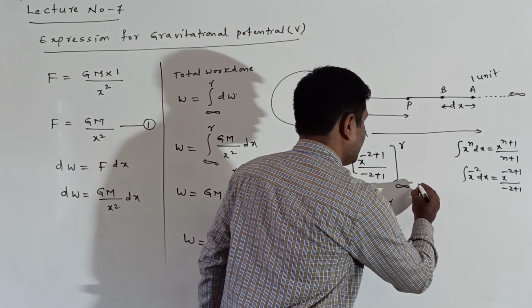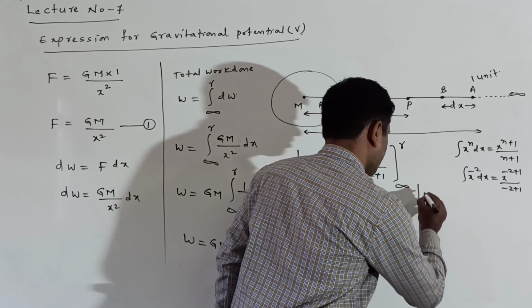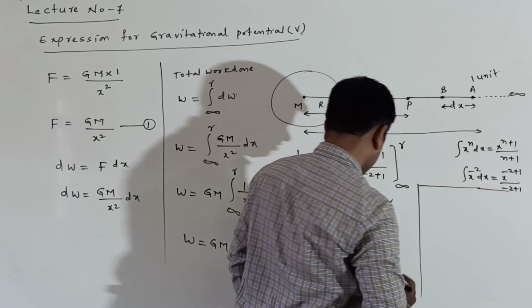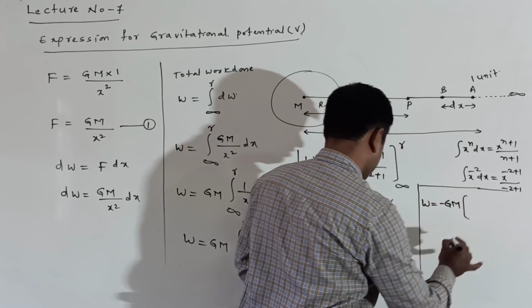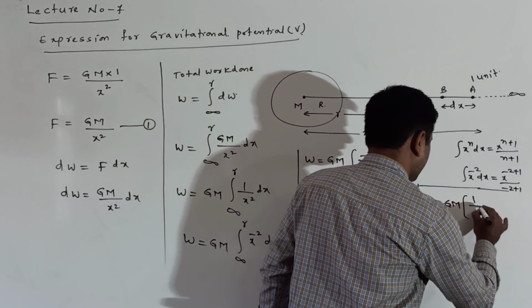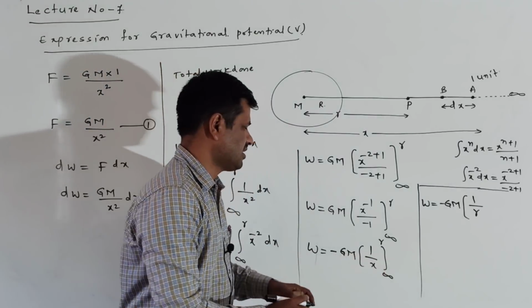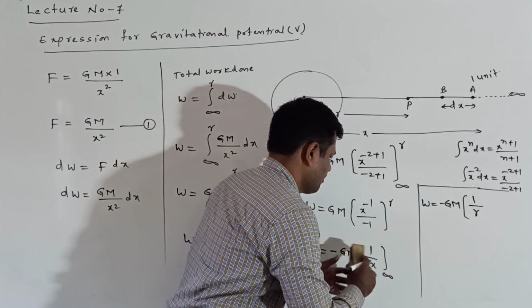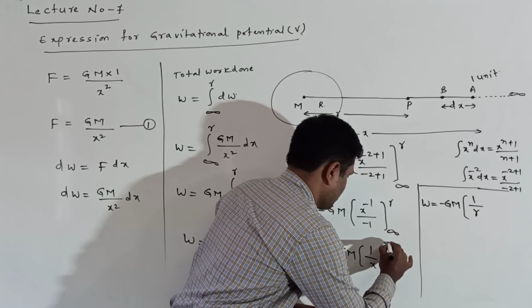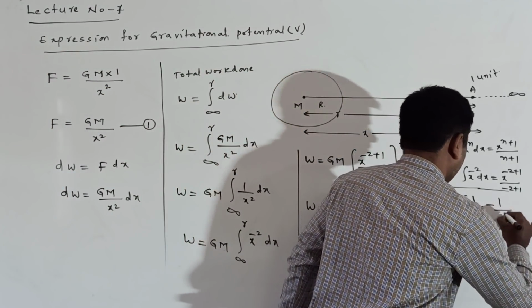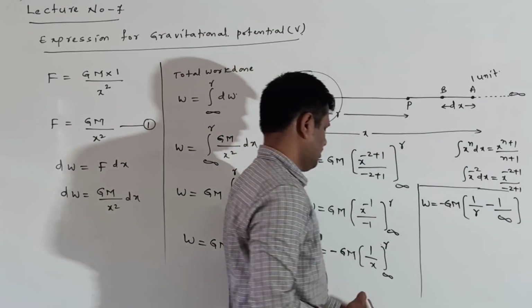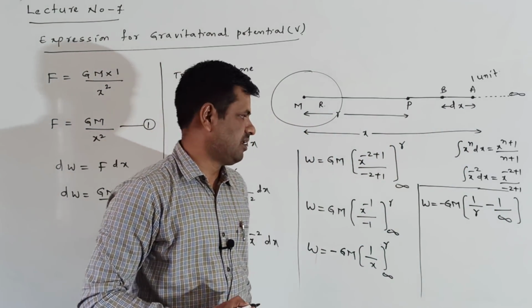Now I am substituting the limits. W is equal to minus GM into, first I am substituting the upper limit, in place of x I am writing R here. First 1 by R minus 1 by infinity.